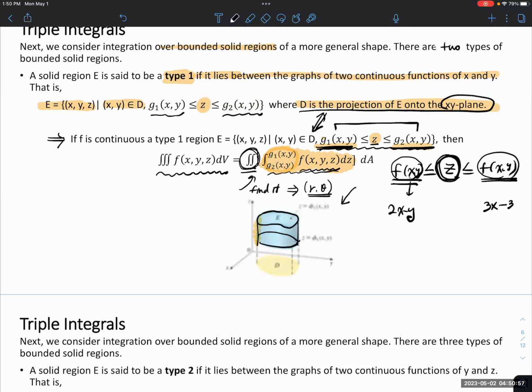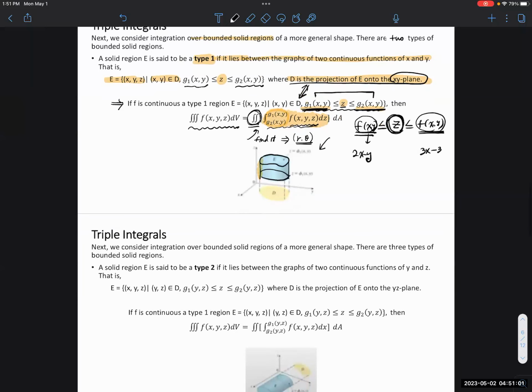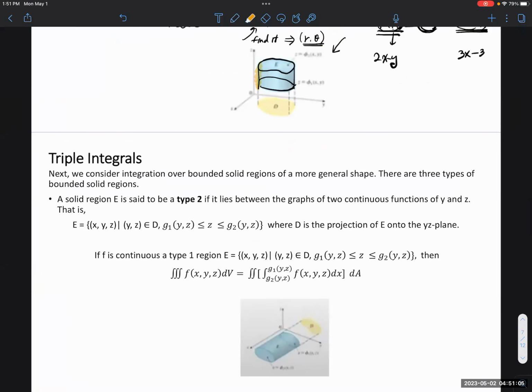Likewise, I know it looks like a complicated abstract concept, but I will show you examples soon, so you're going to be fine. But another one, type 2. Type 2 is more complicated. So you still have the interval for z, but then the interval is given by a function that includes only y and z, so x is missing.